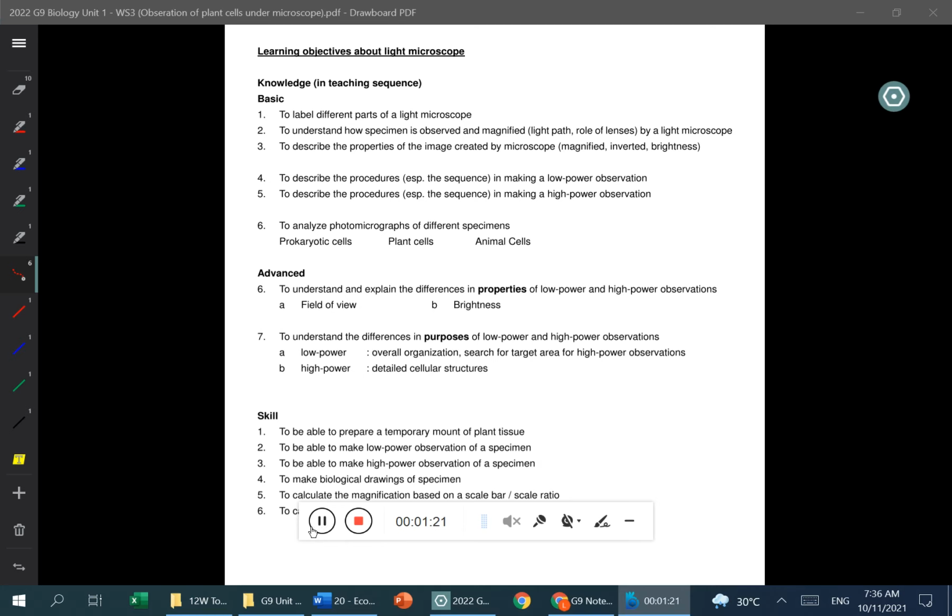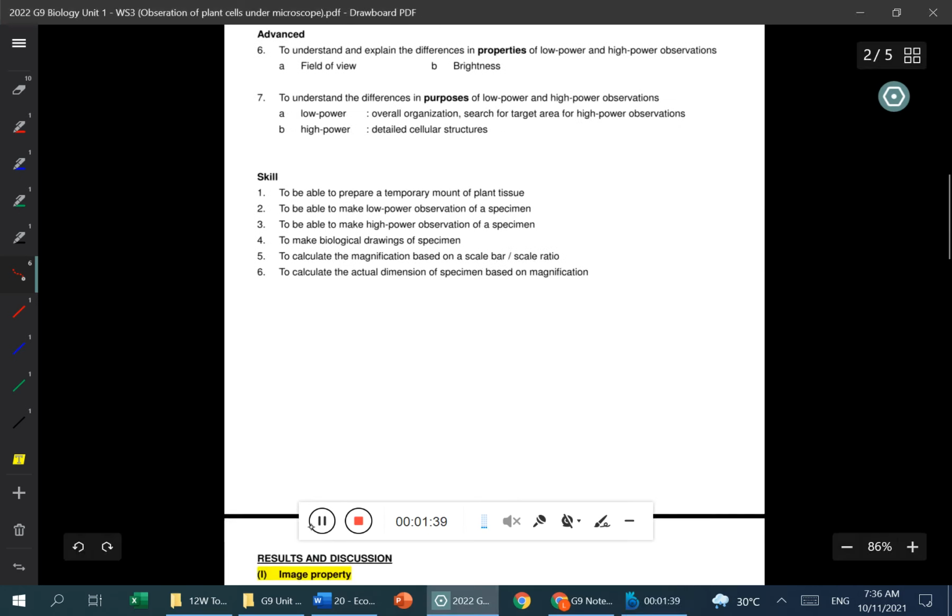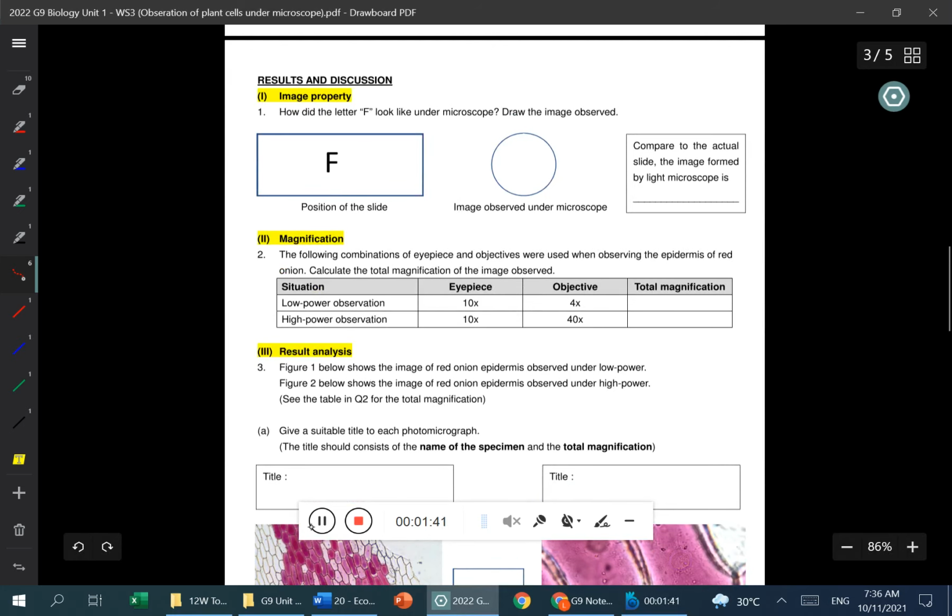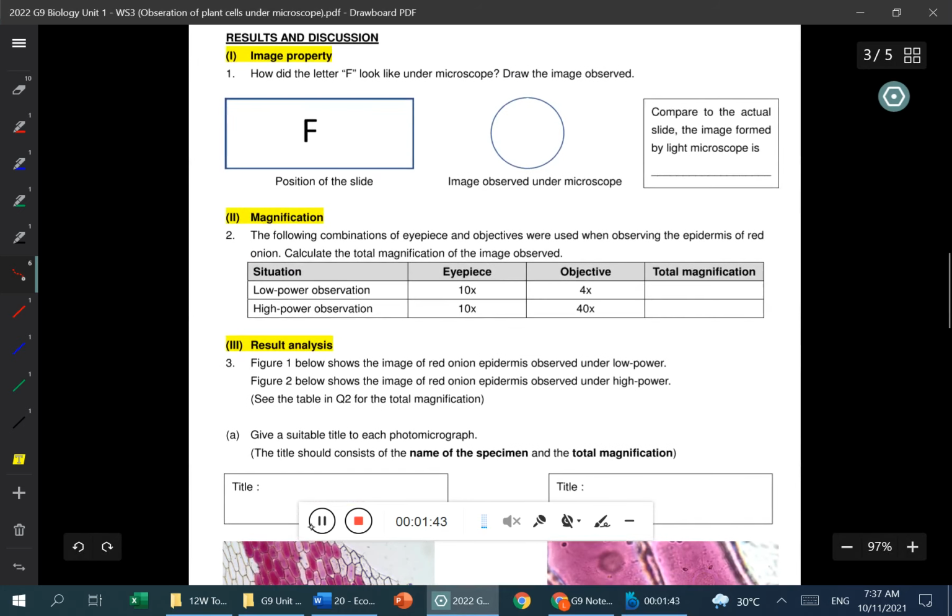The words here list out what we expect you to know about light microscopes. I'm not going to read through every sentence because every question in this worksheet is going to correspond to these learning objectives. So let us go through the questions in the results and discussion part.